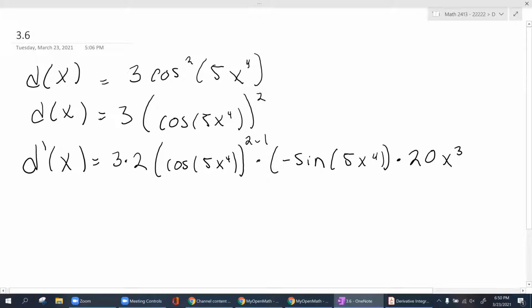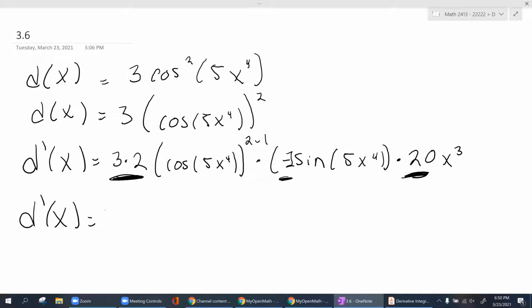Since all of these are multiplying each other, I can multiply this 3 times 2 times this negative 1, because there's a negative 1 here, it's just hiding, times this 20. So my derivative is 6 times 1 times 20, which is negative 120. Go ahead and make sure.